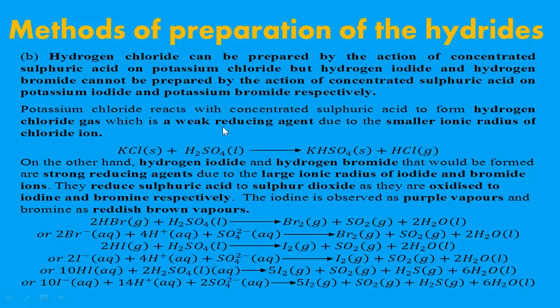So the reason this reaction can occur is that hydrogen chloride is a weak reducing agent. It can't reduce the sulfuric acid to sulfur dioxide and be oxidized to chlorine gas. However, the hydrogen iodide and hydrogen bromide formed in the other cases are strong reducing agents, so they reduce the sulfuric acid to sulfur dioxide and water as they are oxidized to bromine vapors and iodine vapors.